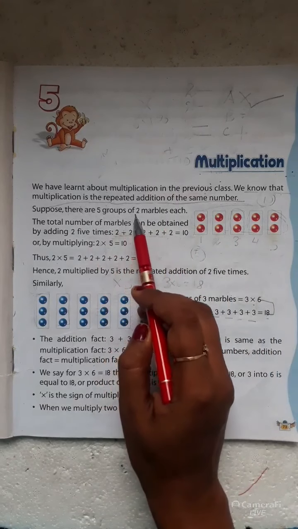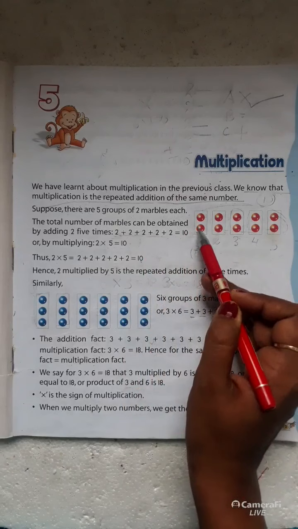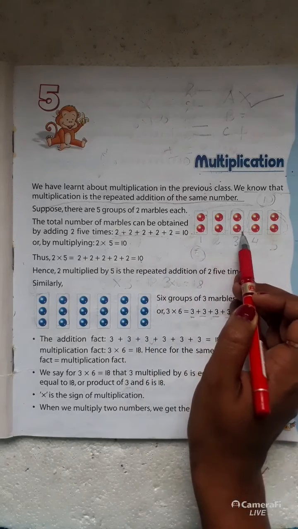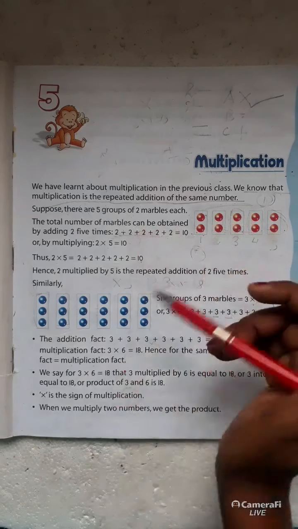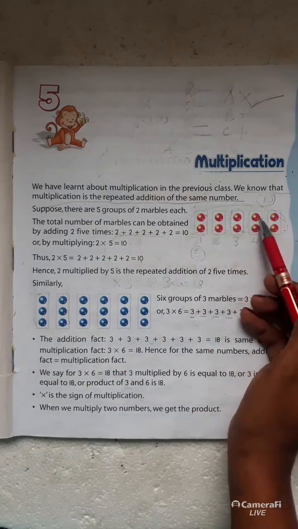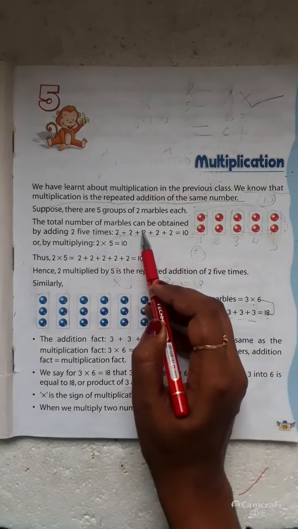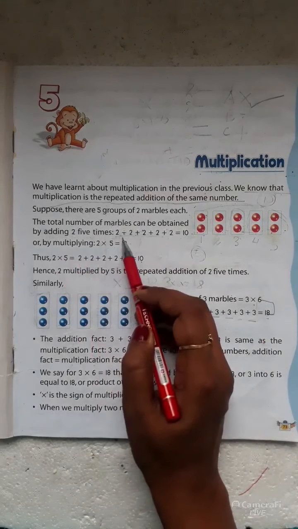Suppose there are 5 groups of 2 marbles each. You can see there are 5 groups, 1, 2, 3, 4 and 5. Each group has 2 marbles. So the total number of marbles can be obtained by adding 2 five times.